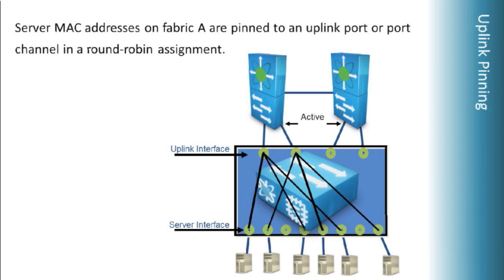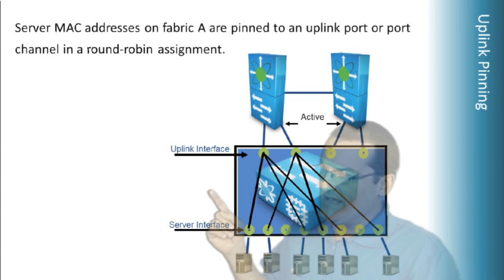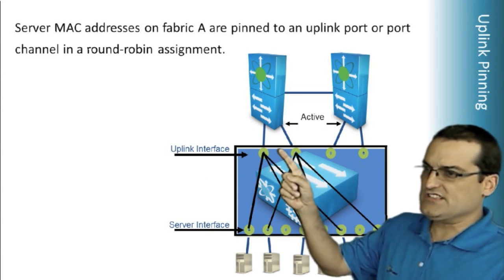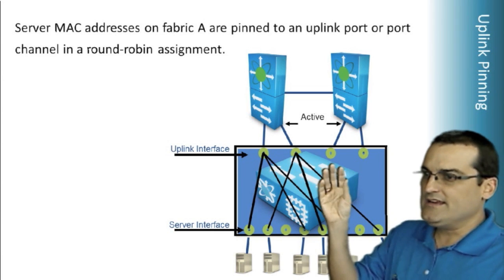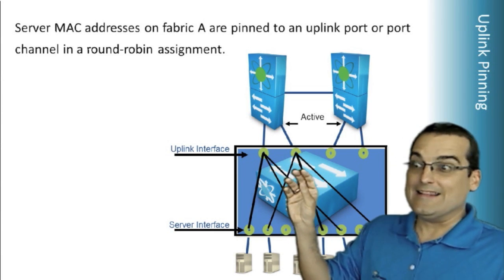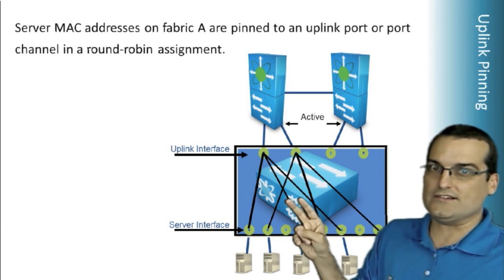Now, what happens in a failure with our uplinks? Oh, and Joe's got a great question. What would this look like if you're running those virtual port channels? Same thing. Yep, the same thing. Anytime we mention these uplink ports and the uplink pinning, keep in mind that that could be a port channel.